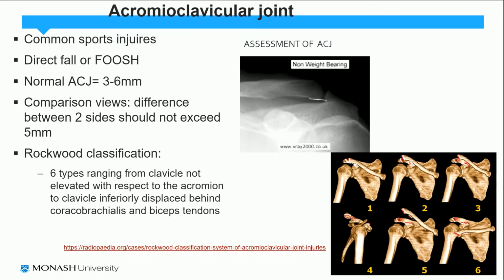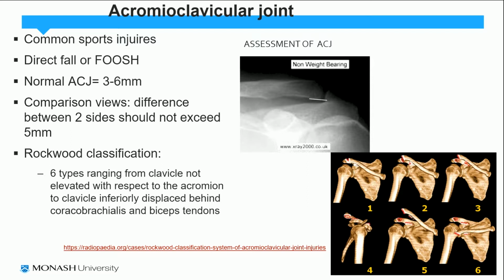For the AC joint, in terms of mechanism of injury, sports injuries are quite common, as well as a direct fall or a fist injury. The normal AC joint should be between 3 to 6 millimeters. You can compare both sides, and there should not be a difference between the two sides, so it should not exceed 5 millimeters.